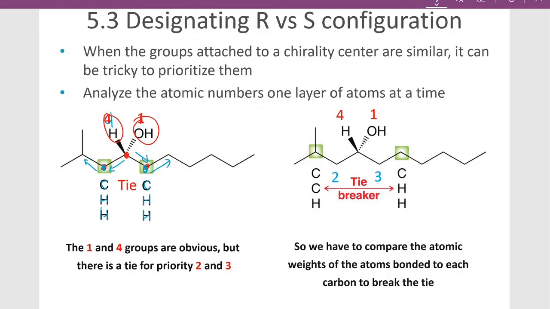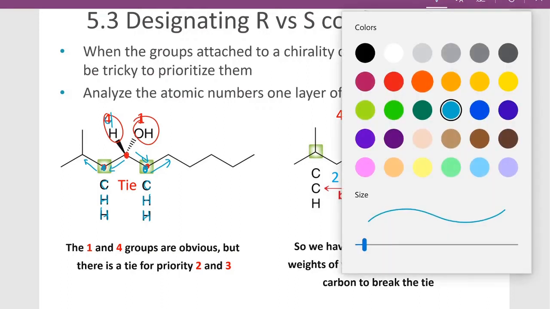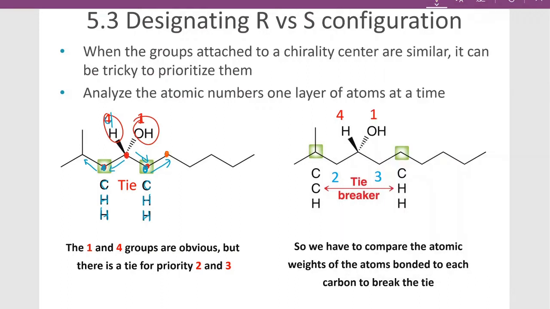So make a little chart and put the higher priority group on top. You don't add the atomic numbers together, you put the higher priority atom on top, and once you find a higher priority atom, you've got a tiebreaker. Then we're going to move away again to this carbon versus this carbon.